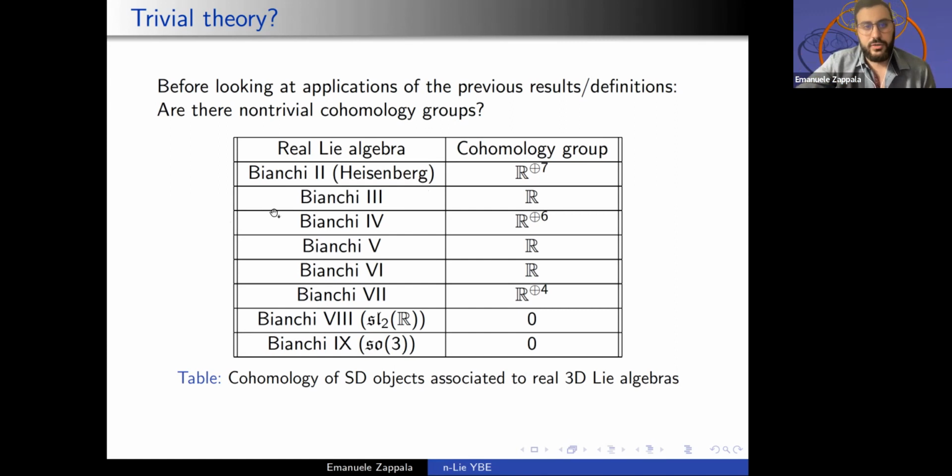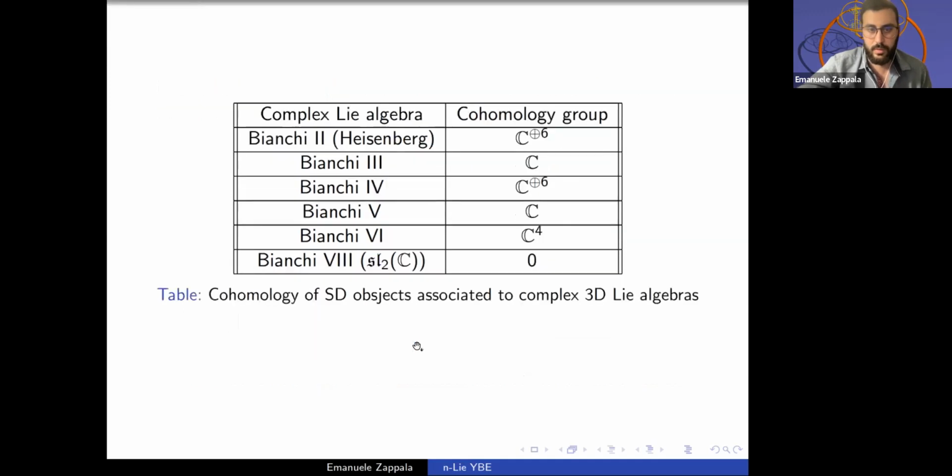It turns out that you actually have plenty of non-trivial cohomology classes, both in the deformed case and in the non-deformed case. So this, for instance, is the non-simultaneous deformation, and you see that SL2 and SO3, being semi-simple, get 0 because their cohomology is isomorphic to the cohomology of SL2 and SO3, which is 0, as is well known.